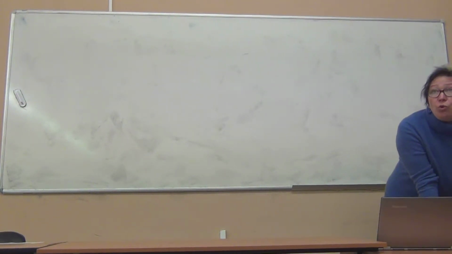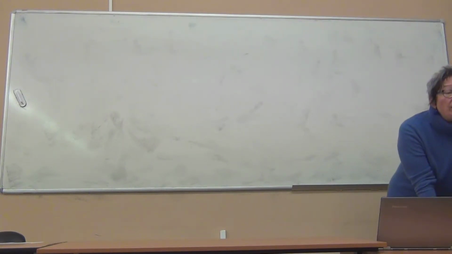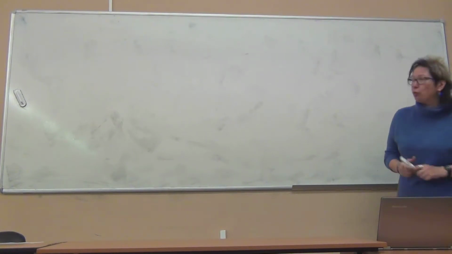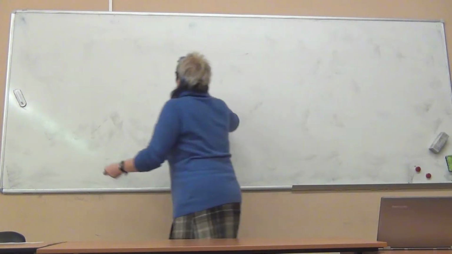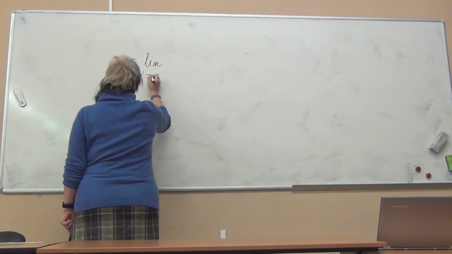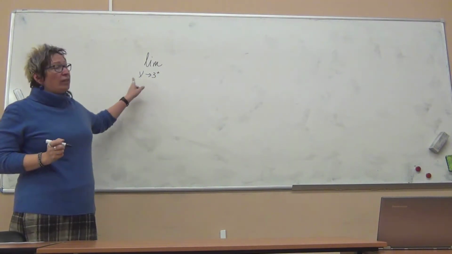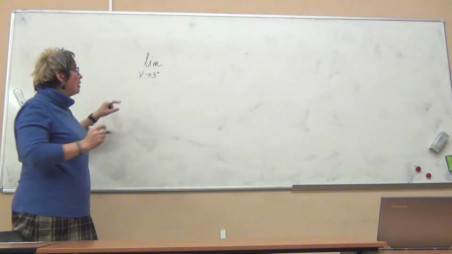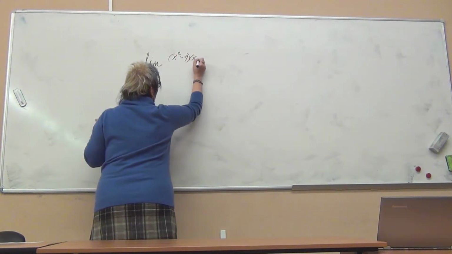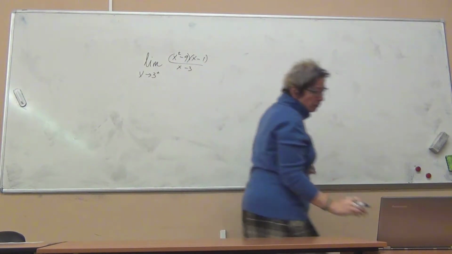The approach we used, these things are called one-sided limits. I can't help it, I have to write. So we write, for example, x tends to 3 with a little plus, and we have this expression, x squared minus 9 over x minus 3, I think it was this.